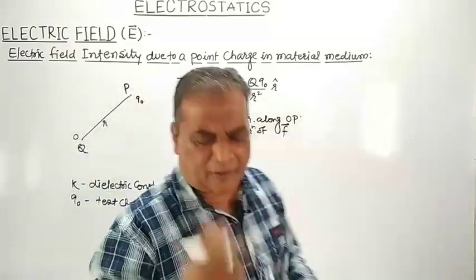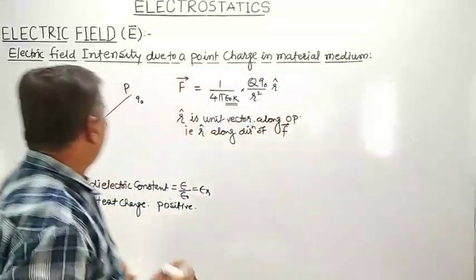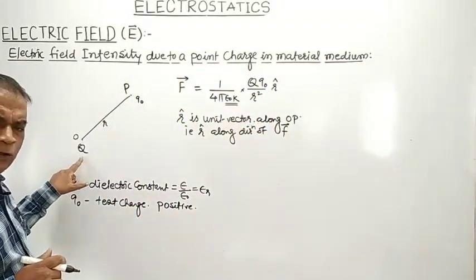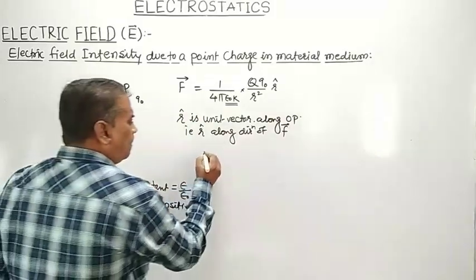Now, by definition, what is the electric intensity due to charge q at a distance r from it?